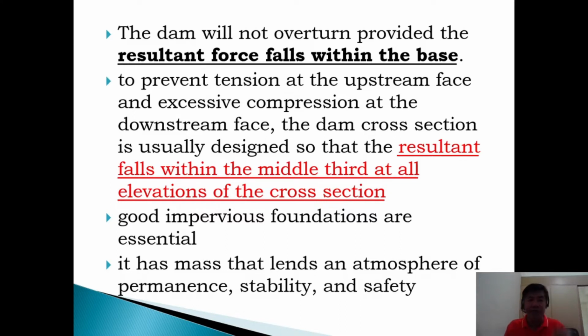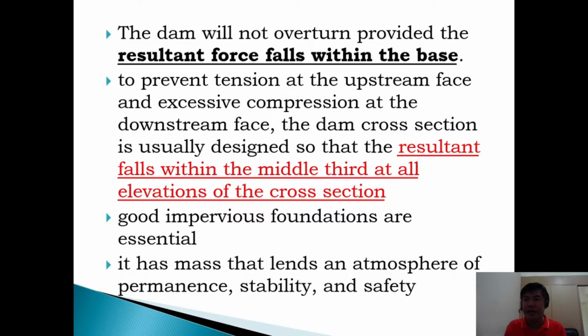So that is the first condition. To prevent tension at the upstream face and excessive compression at the downstream face, the dam cross section is usually designed so that the resultant falls within the middle third at all elevations of the cross section. That's why we divide the base into three and locate the position of the resultant, if you still remember that calculation.